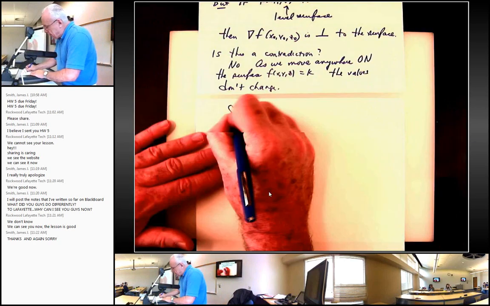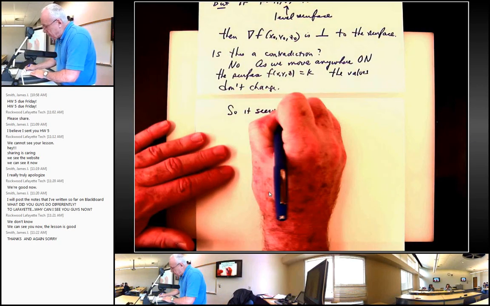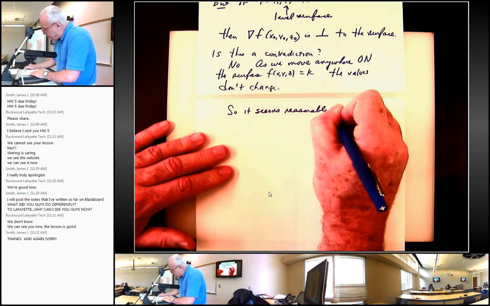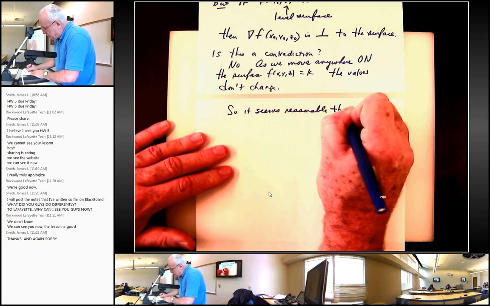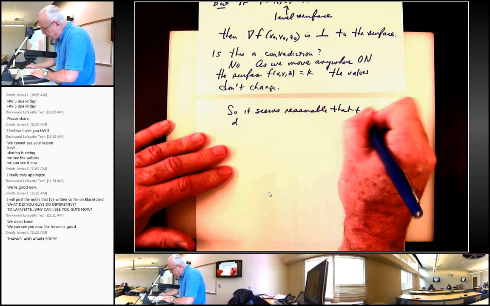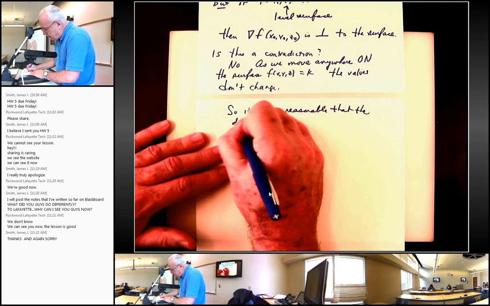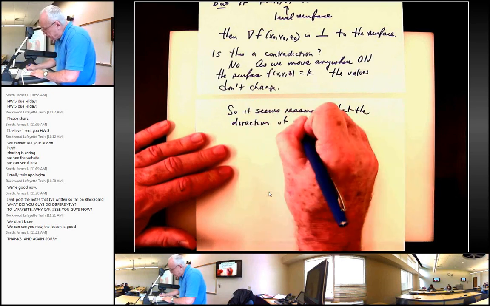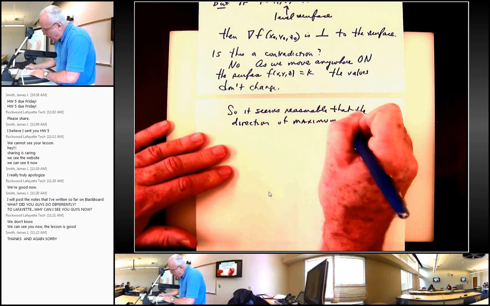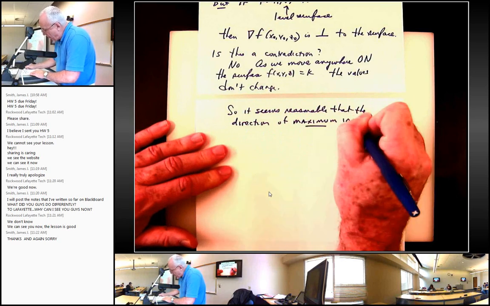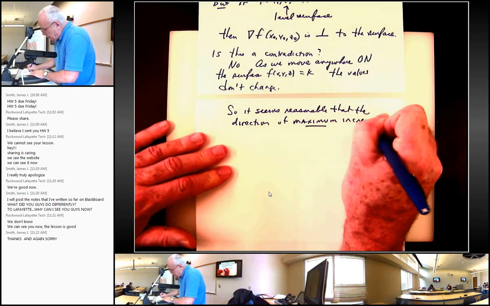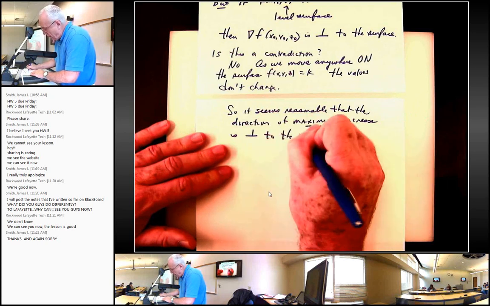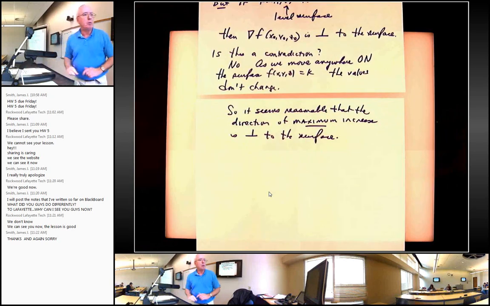So it seems, shall we say, reasonable that the direction of maximum change or maximum increase is perpendicular to the surface. Okay, all right.